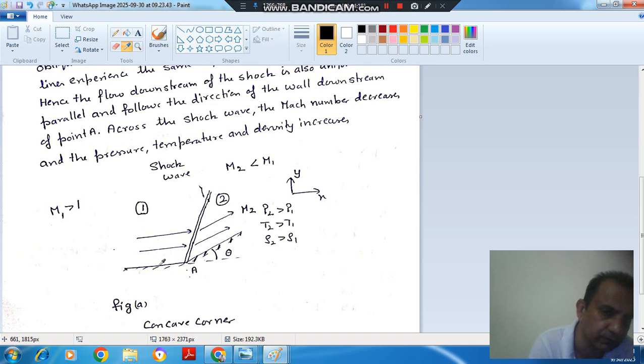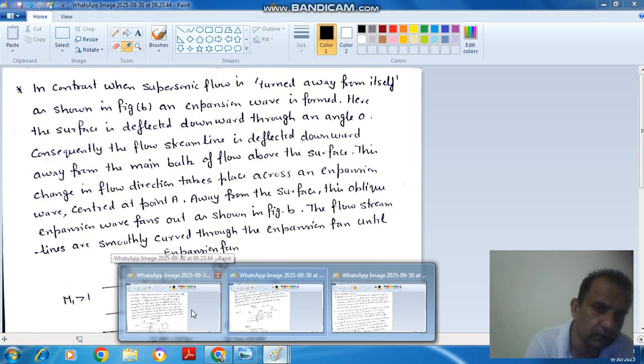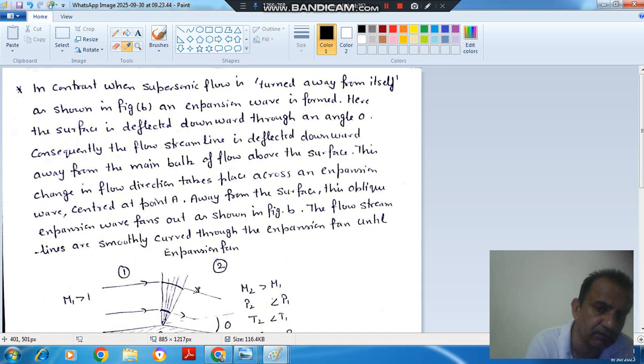Here the surface is in one direction, here it is in another direction. So the direction changes at point A, so the oblique shock wave will also be at point A, and this is called a concave corner.